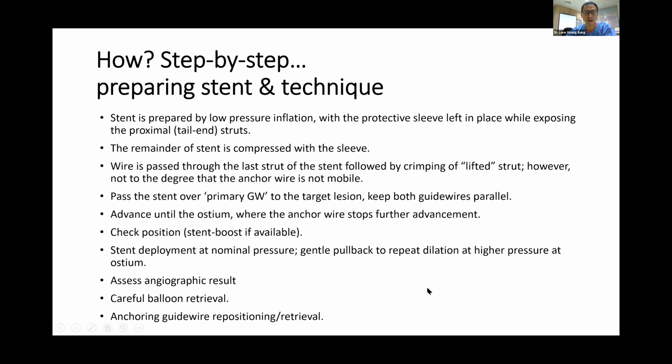The anchoring wire can be removed before or after the post-dilatation balloon. Depends on the situation, depends on the side branch, whether there's a risk of compromise, and of course, whether there's any additional steps or to treat the other side branch.